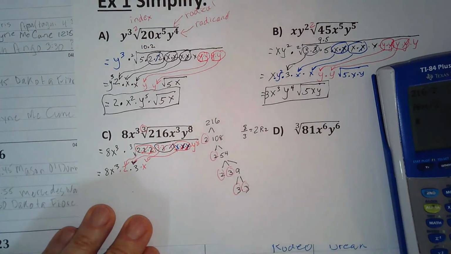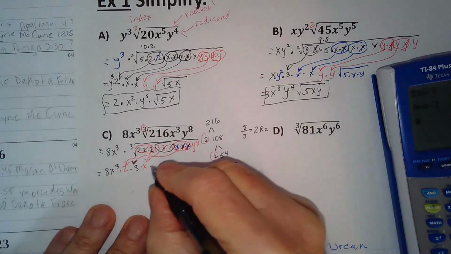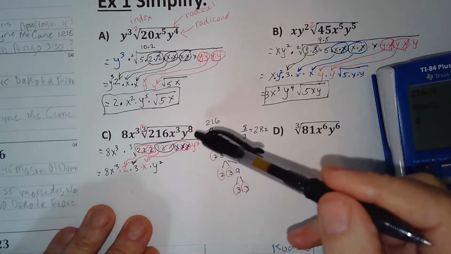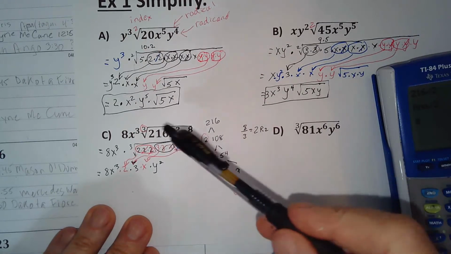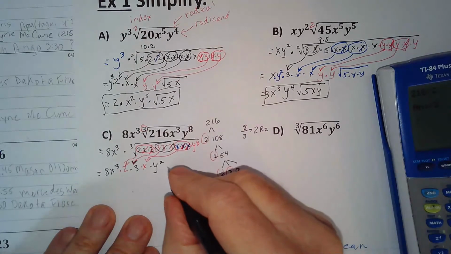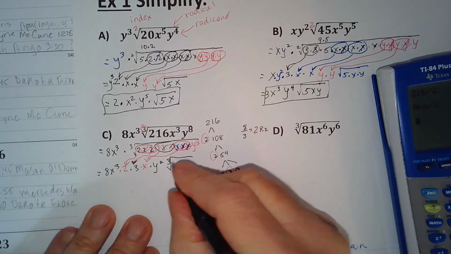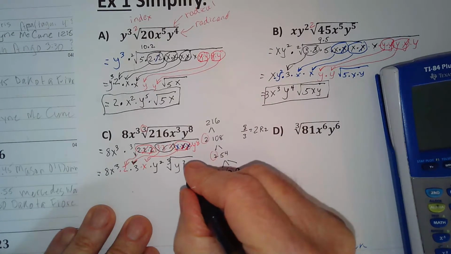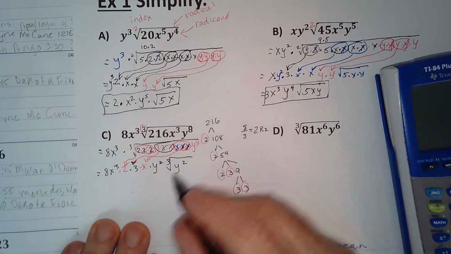All right, and so then we said y to the 8th, we have 2 that escape. So that's y to the 2, right? All right, and then the remainder is 2. Now what are we left with? 216, everything went out. X to the 3, everything went out. And so we're just left with the cube root of y, and the remainder was 2, so y squared. Okay, so let's clean it up.